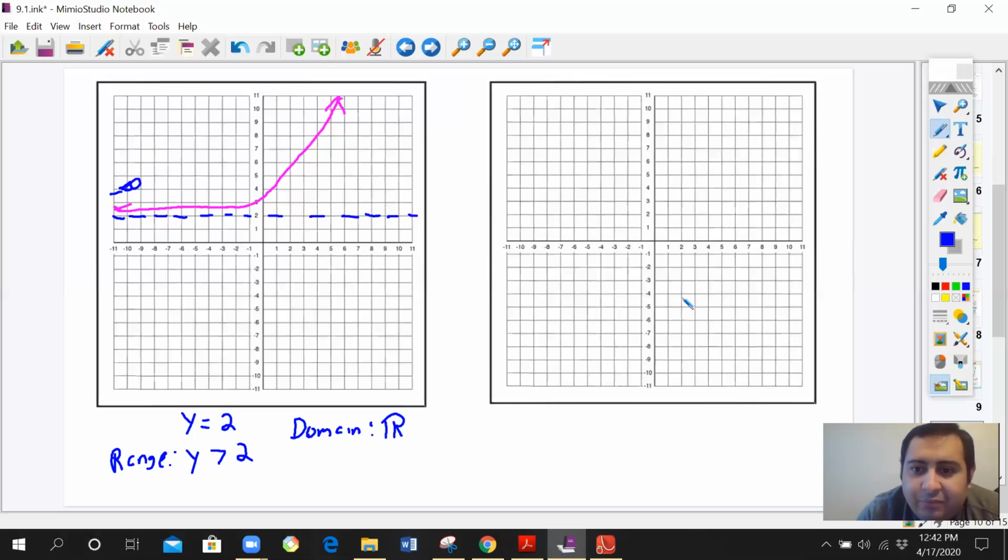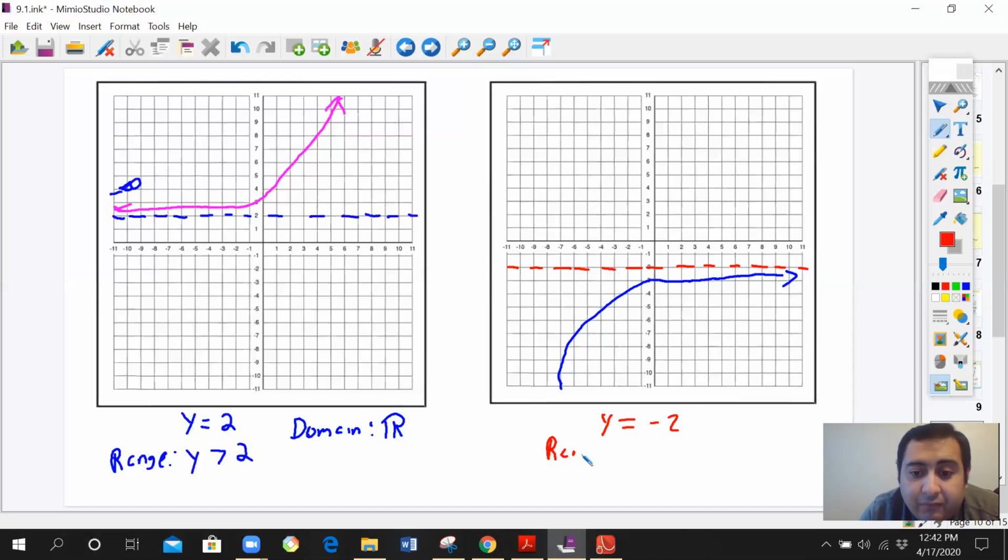If we have another example, let's say you have a curve going from here, right, you have a curve like that. Then your asymptote in this case is going to be right here at -2. Y equals -2.